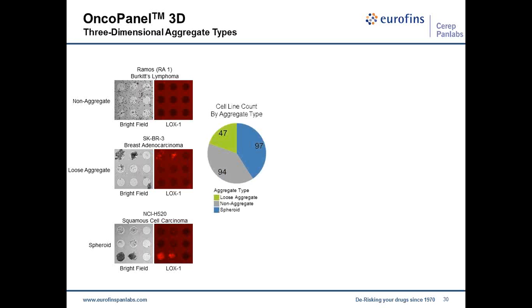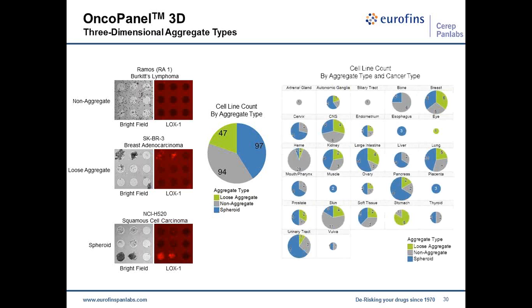So after characterizing all 240 cell lines, we were left with about 47 that formed loose aggregates, 97 that formed true spheroids, and about 94 which in the 2-week incubation didn't really form spheroids. We classified those as non-aggregates.